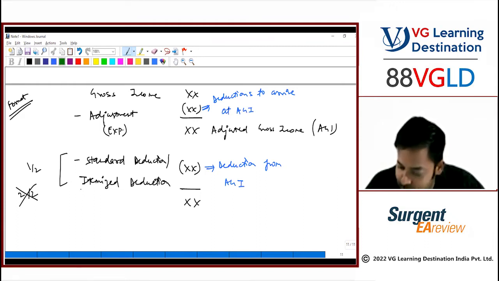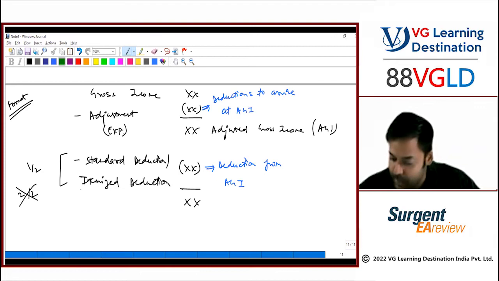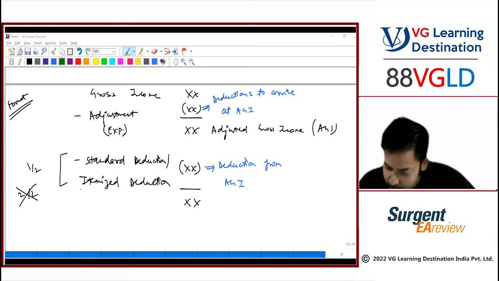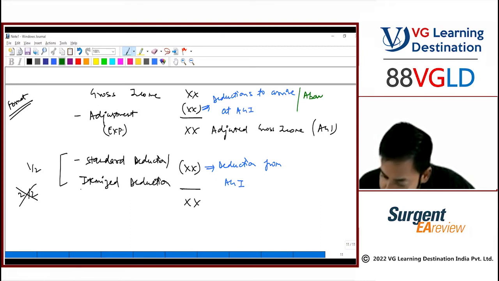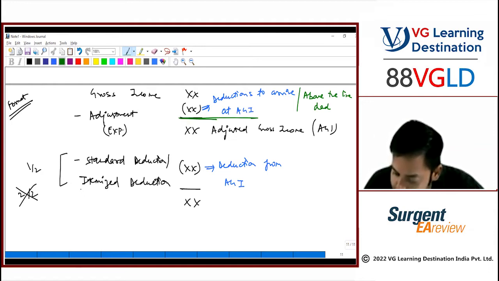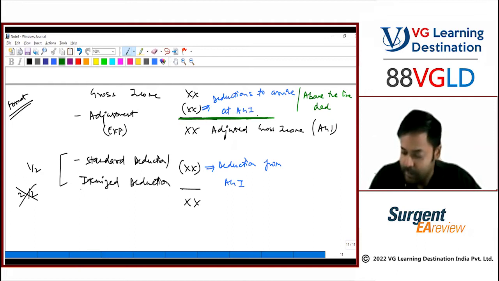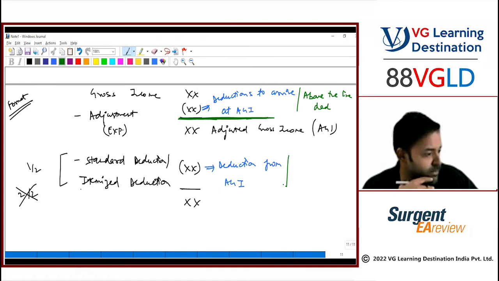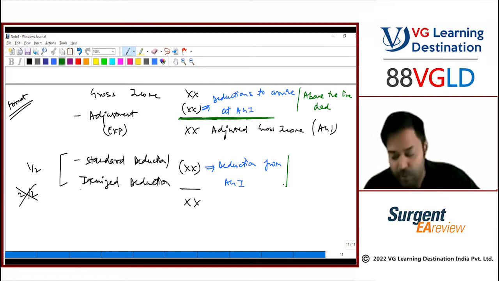Adjustments are also called above the line deductions. That means before this line. Any idea what this will be called? Correct, that's called below the line.